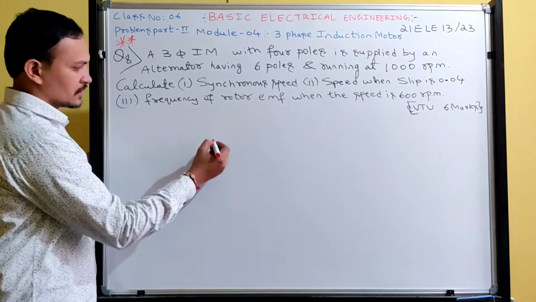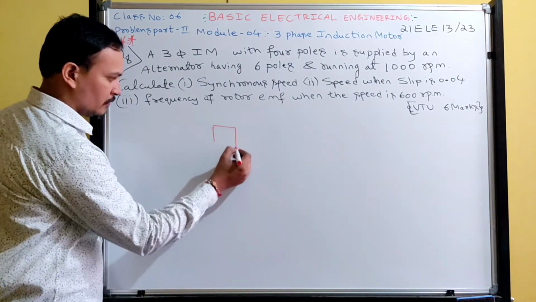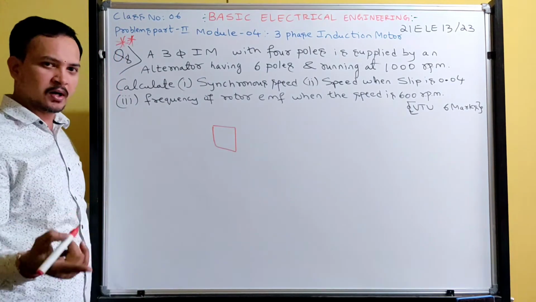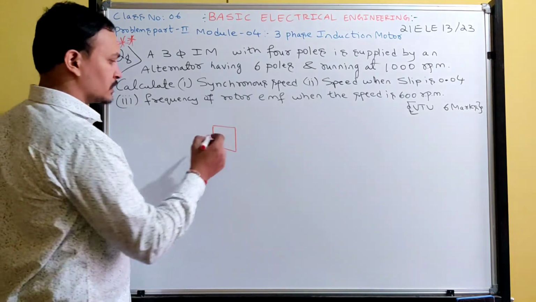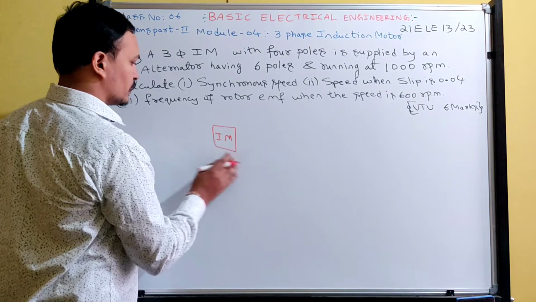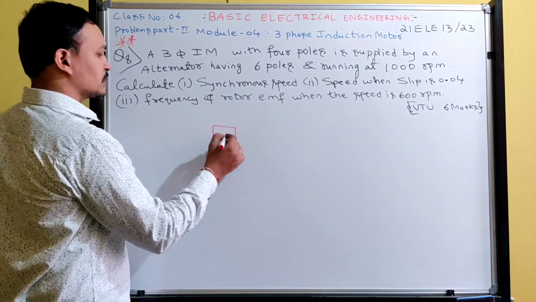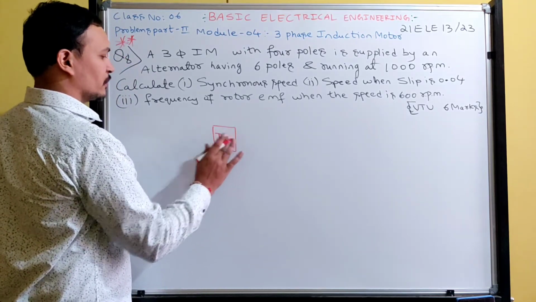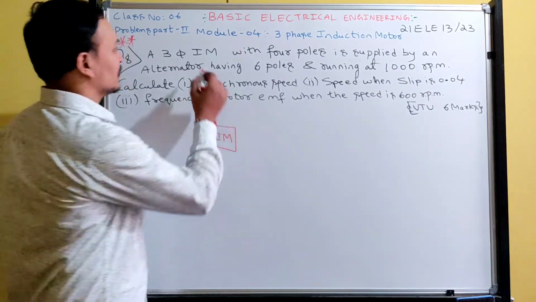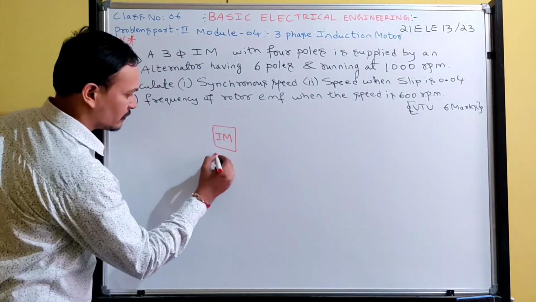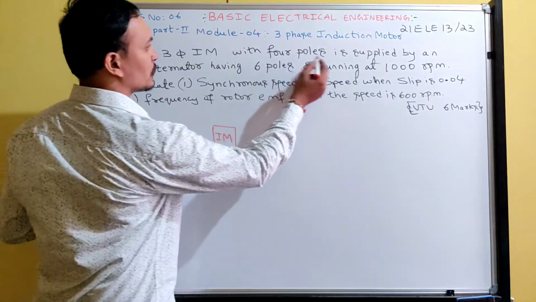A 3-phase induction motor. Once you are an expert, you can solve the problem directly, but understand properly first. How many poles are there? A 3-phase induction motor with 4 poles.